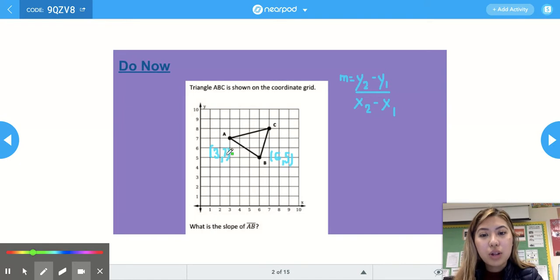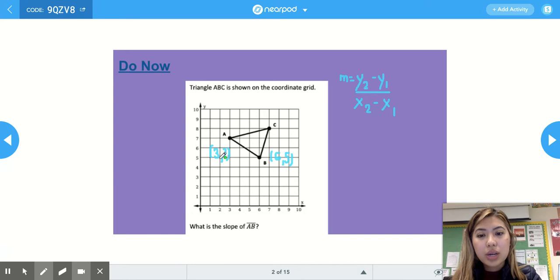So now we're going to label our points (3, 7) and (6, 5). I'm just going to say that (3, 7) is x1 and y1, and (6, 5) is going to be x2, y2.